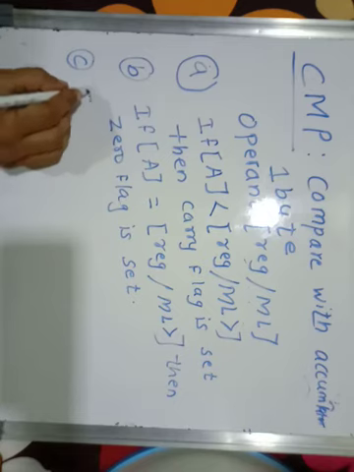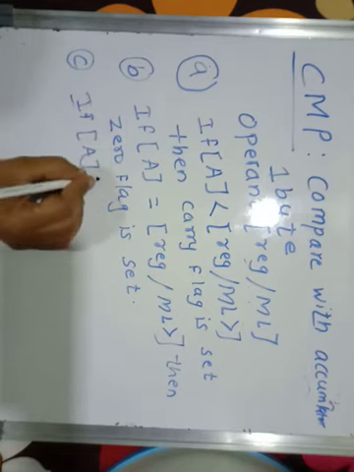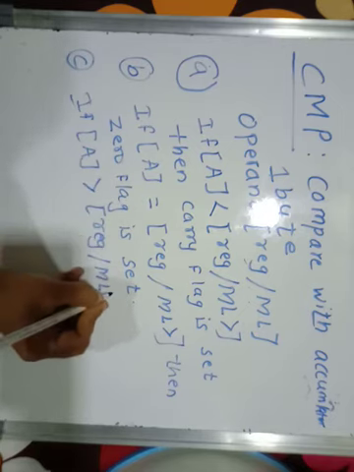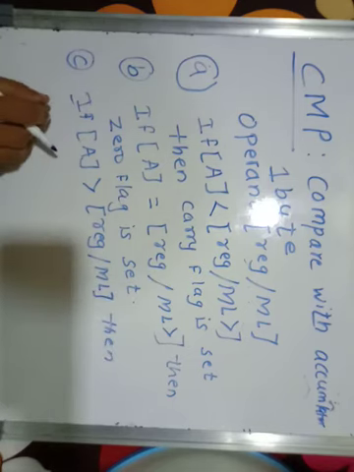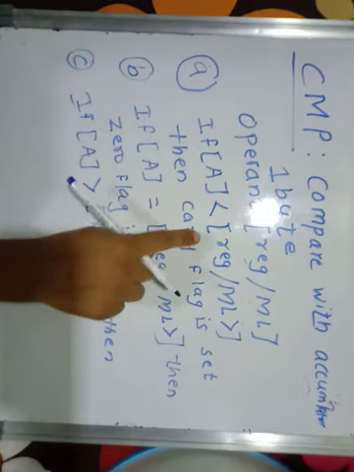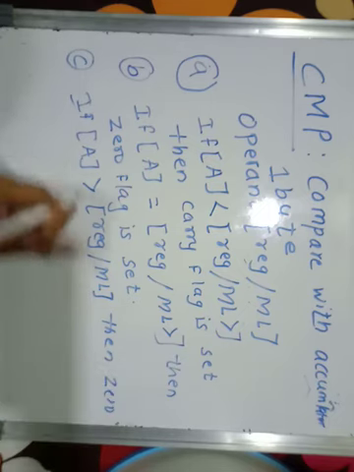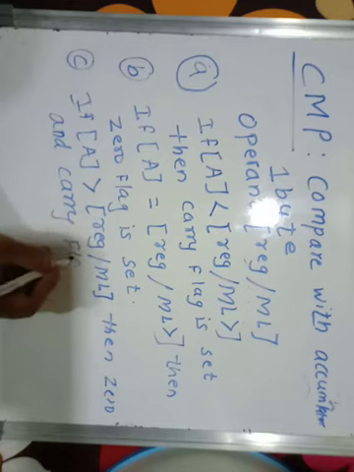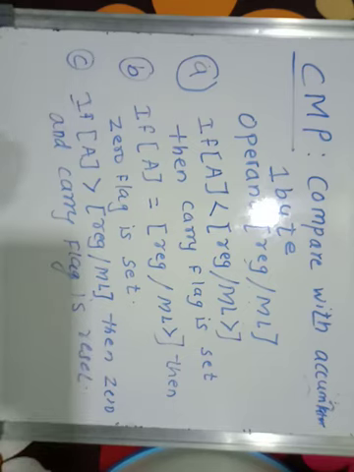Last one, if the content of accumulator is greater than the content of register or memory location, then both flags, zero and carry flag, are reset. Both flags are reset. So these are the three conditions.